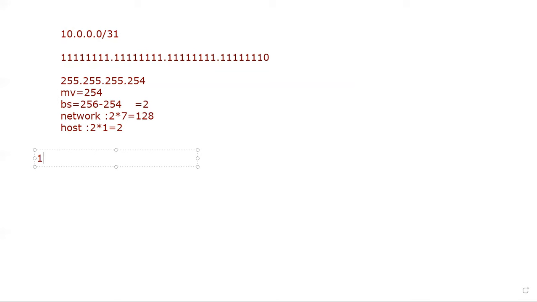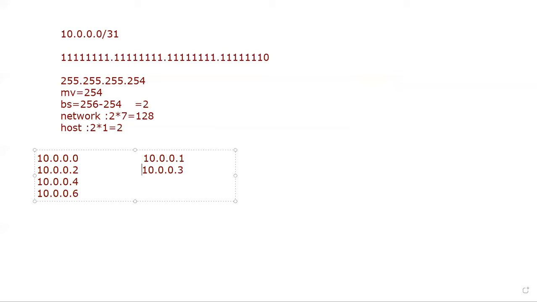So my first network is 10.0.0.0. My next network is 10.0.0.2. My third network is 10.0.0.4, then 10.0.0.6. Like this, we have to solve 128. So my first IP and last IP are not there. Only the broadcast ID will be there: 10.0.0.1. After this, 10.0.0.3.